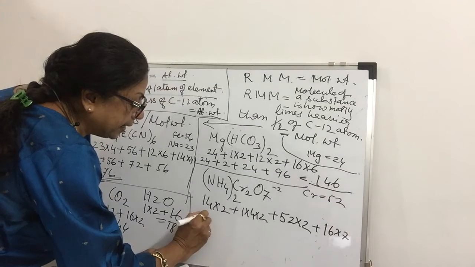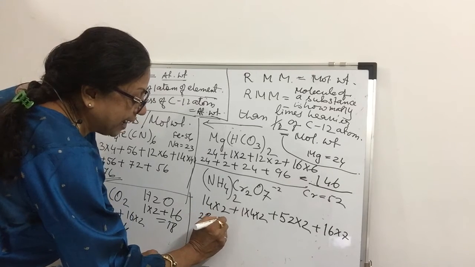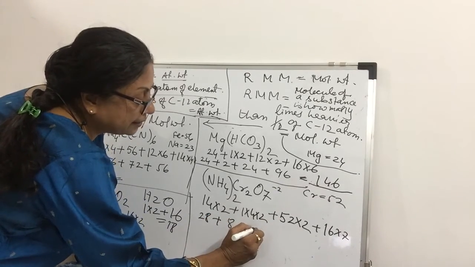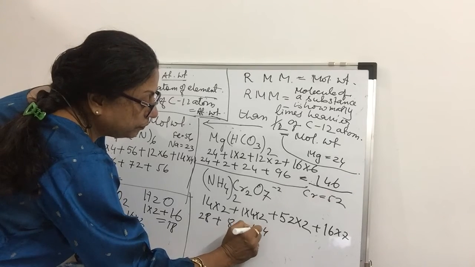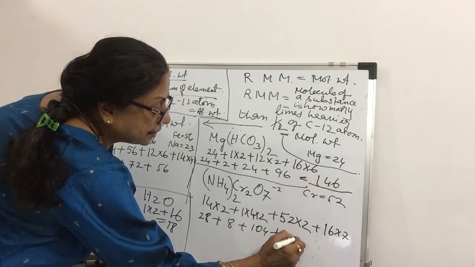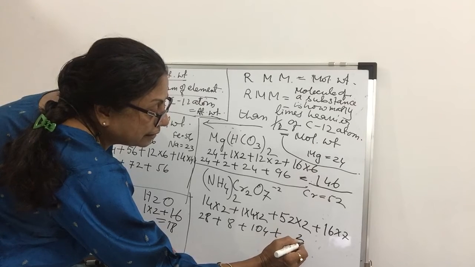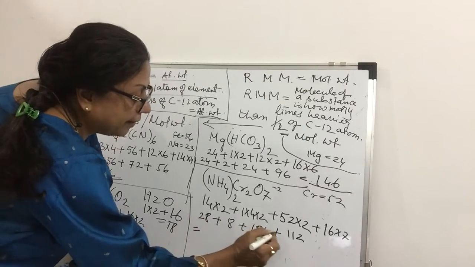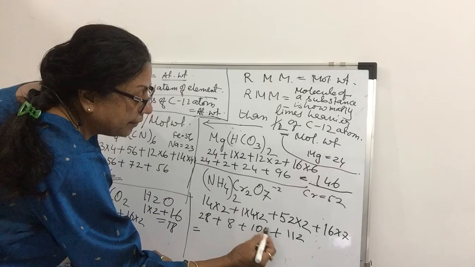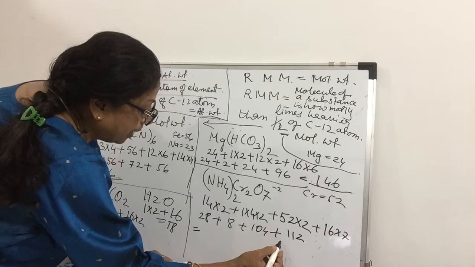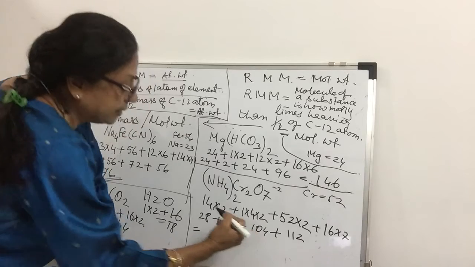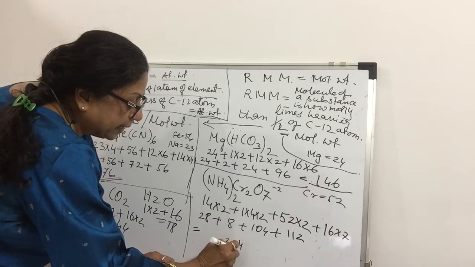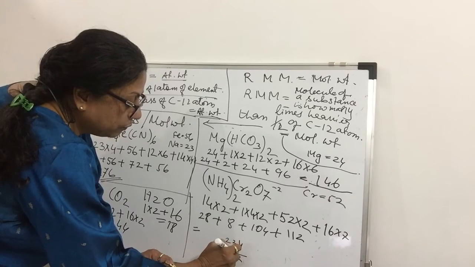So what you get here is 28 plus 8 plus 52 into 2 is 104, plus 16 into 7 is 112. So 104 added to 100 is 200, 216 plus 8 is 224, plus 28, you will get 252.